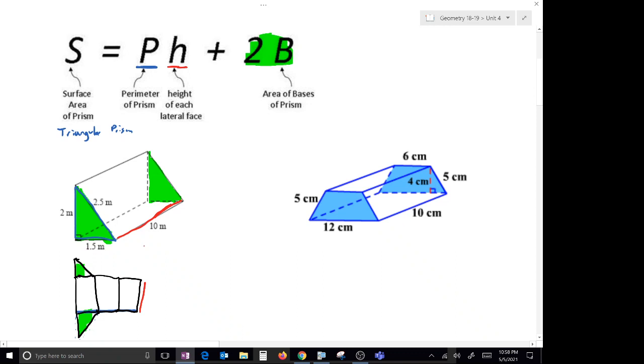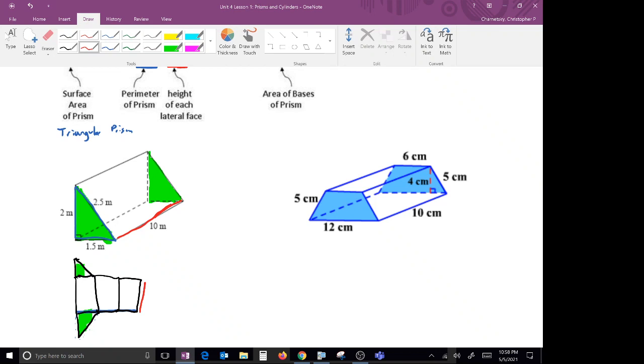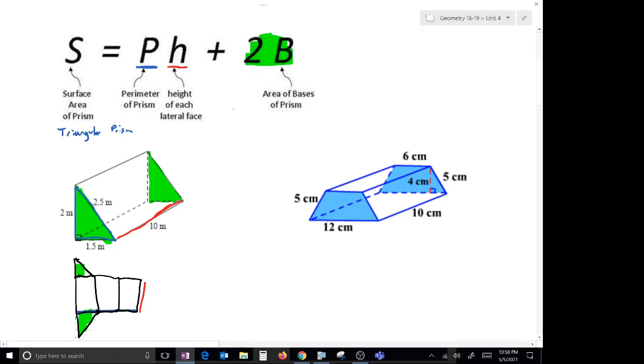So that explains how the formula works. In practice, it's pretty simple. You find three things. You find the area of one base, you find the perimeter of one of those bases, and then you identify what the height is. So if we start with the area of the base, this is a right triangle, so it's going to be 1/2 the base times the height, and I mean lowercase base, so the base of the triangle, which is 1.5, times the height of the triangle, which is 2.